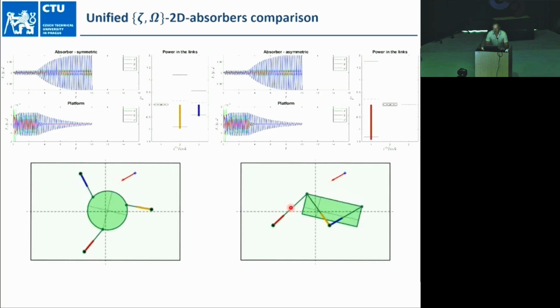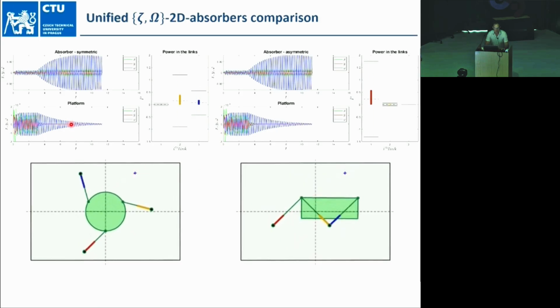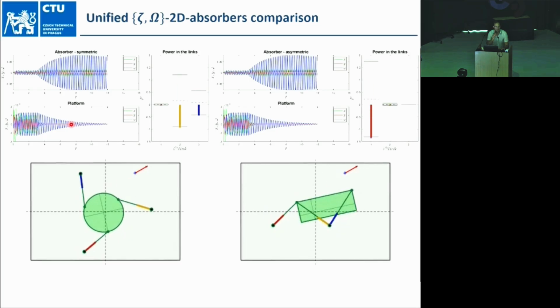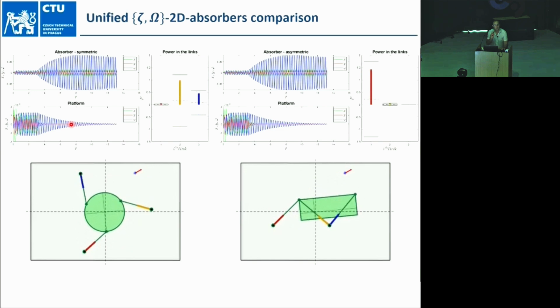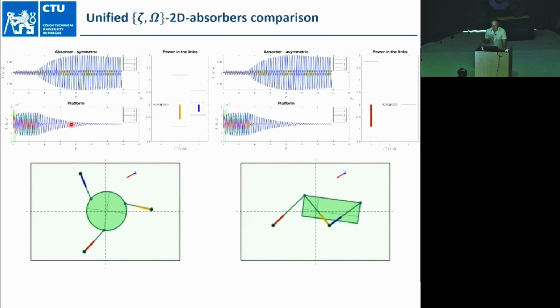What is interesting is that actually for both absorbers we have exactly the same behavior, which is due to tuning them to that unifrequency form. But what differs is the distribution of the power in the links.